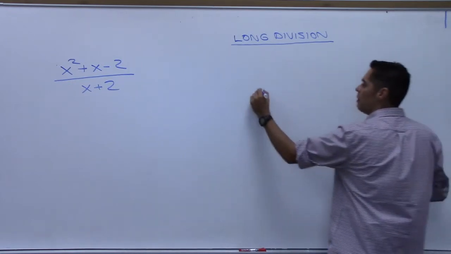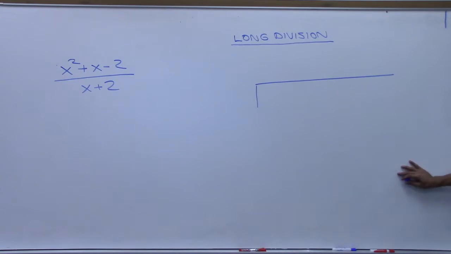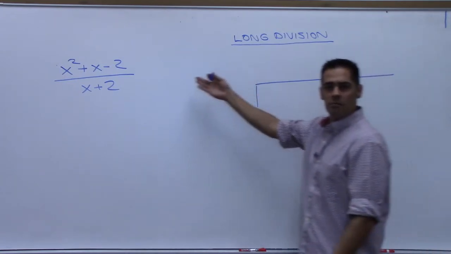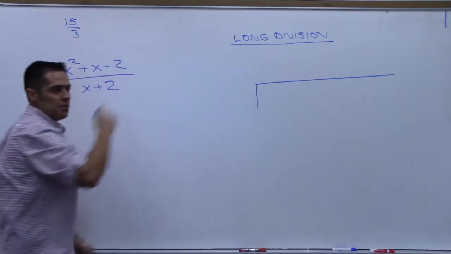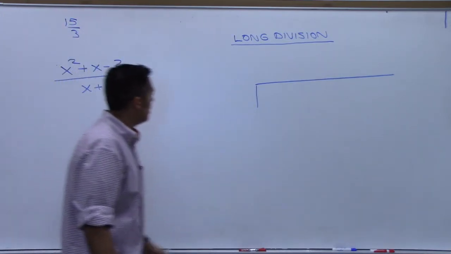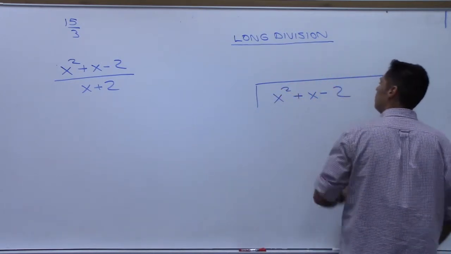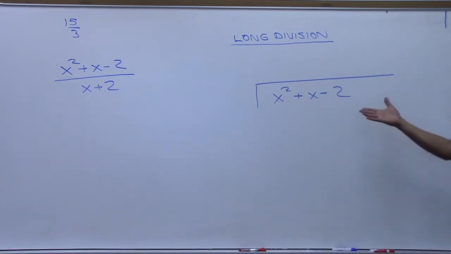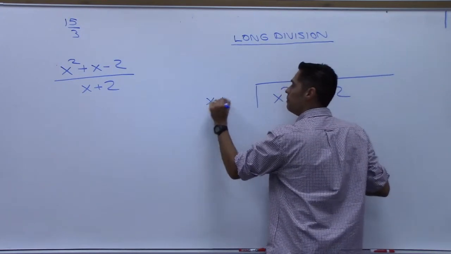You go back to grade school, you put your big long division bar there, and inside goes the numerator. Just like when we had 15 over 3, the 15 goes in there. So you put x squared plus x minus 2. And then on the outside goes the divisor, which is the denominator, x plus 2.